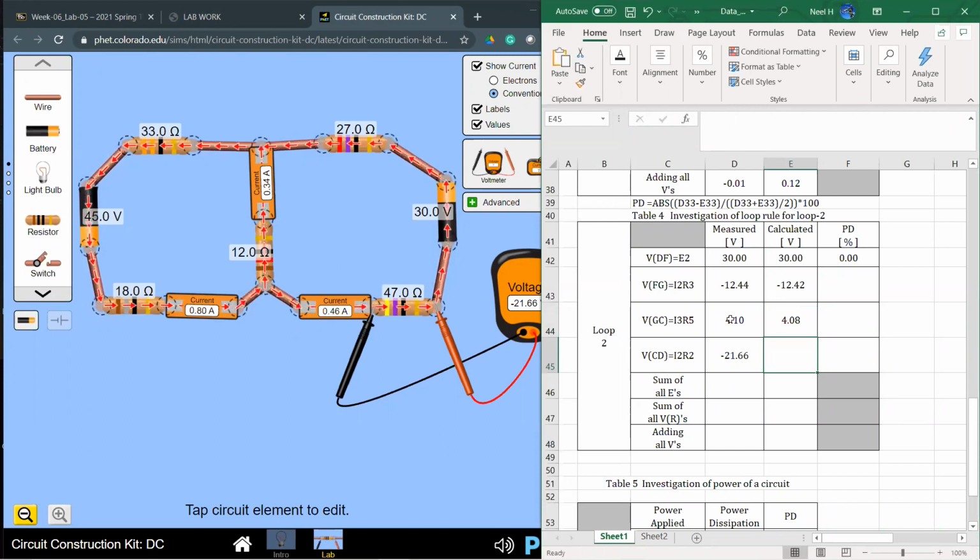We calculated that earlier also. Then the last one here: current and path direction same, minus sign, multiplied by the current 0.46. Resistance R2 is about 47. About the same number, okay?